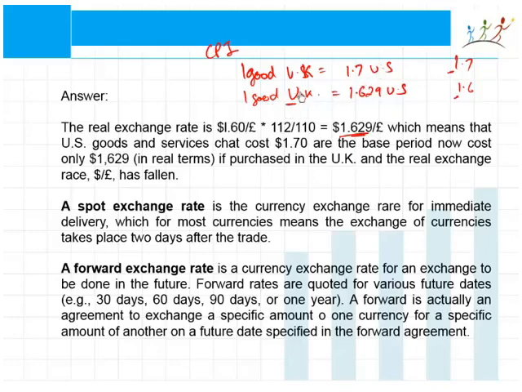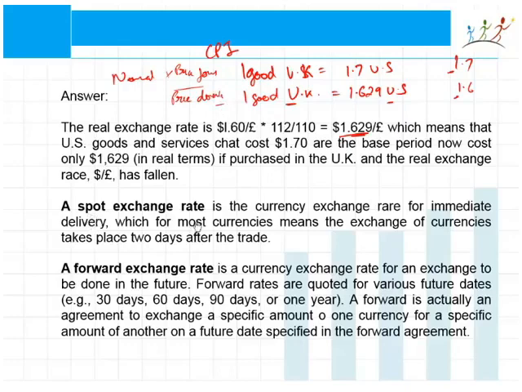One basket in the UK is now buying only 1.629 units of goods in the US. So remember, start with the nominal rate and try to make the quantity unitless. That is, multiply by the price in the foreign currency normally, and divide by the price in the domestic currency. And we'll study this in more detail when we see the indirect quotes.